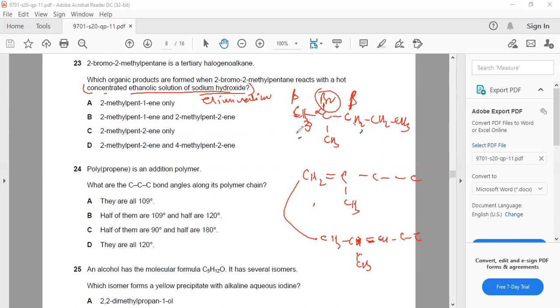If hydrogen is removed from the left hand side, this is formed, 2-methylpent-2-ene. So option A is wrong because there are always two products formed here in elimination. So this is why B is the answer. It cannot be 4-methylpentene. These two: 2-methylpent-2-ene and 2-methylpent-1-ene. This is the double bond.